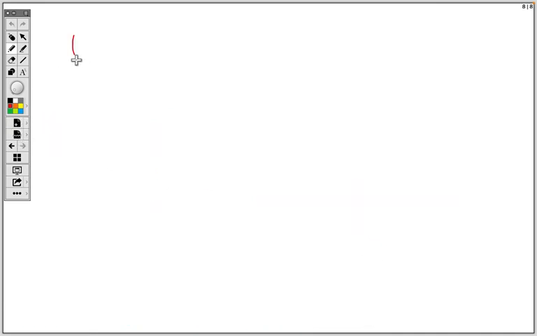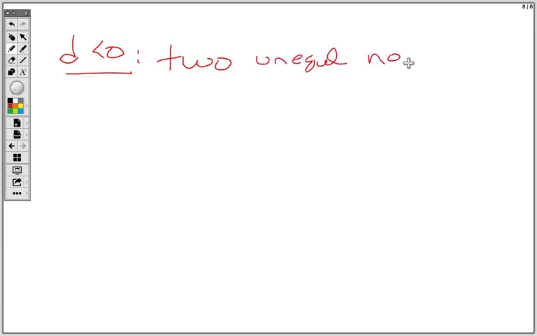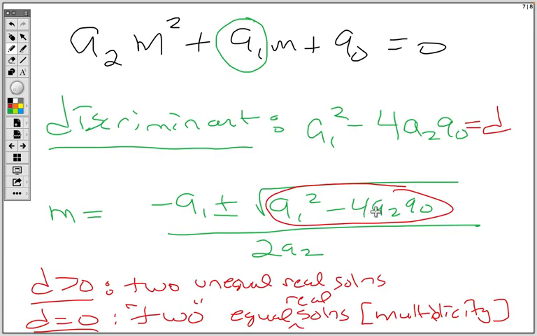And if D is less than 0, we get 2 unequal non-real solutions. All right, because we would get a negative under there, and that negative under the square root would fly out, hit you right in the eye.